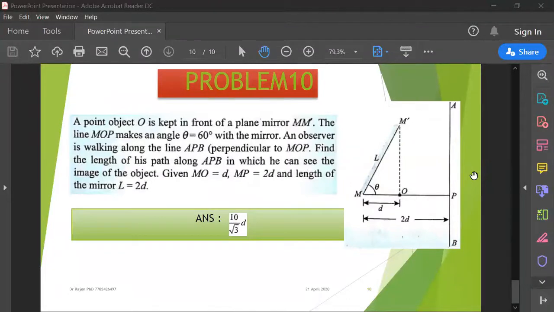So students, here is the same field of view question, but now an inclined mirror is given. So now we need to find this out.